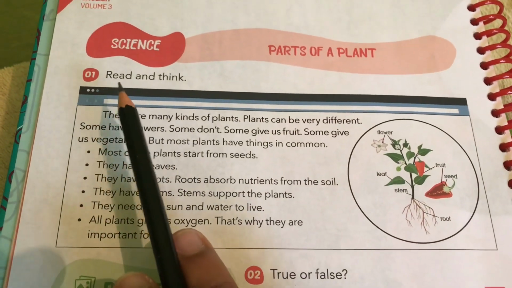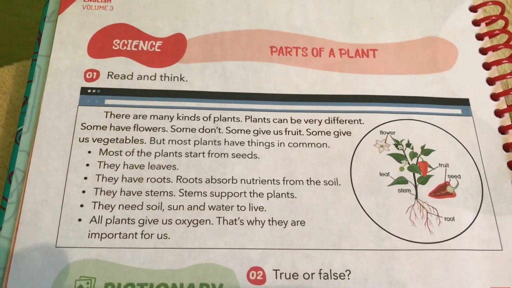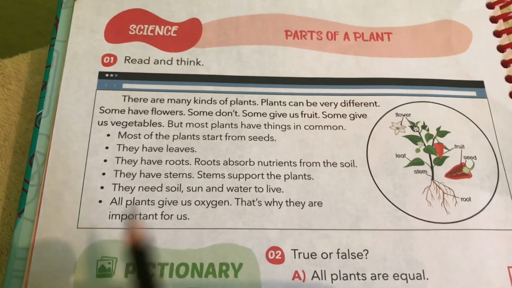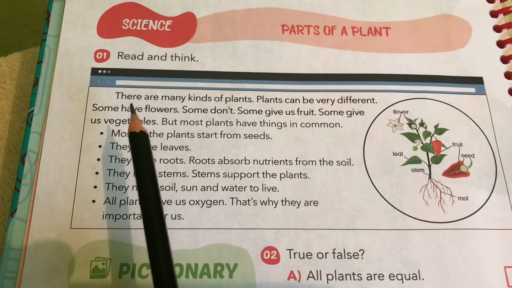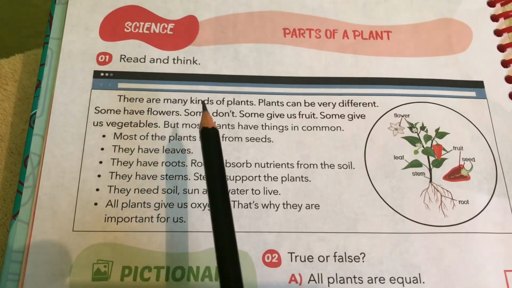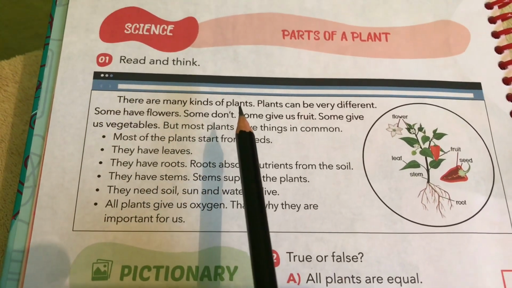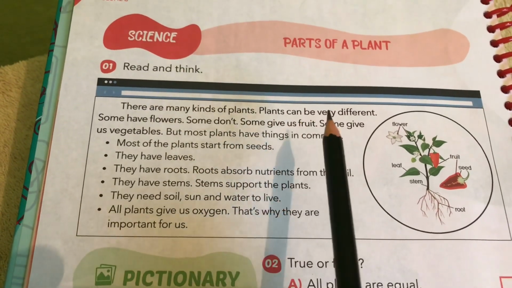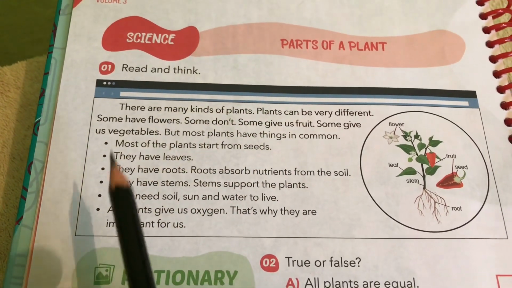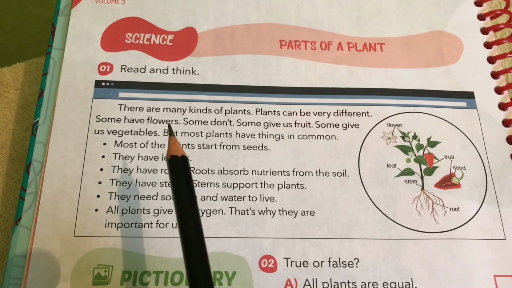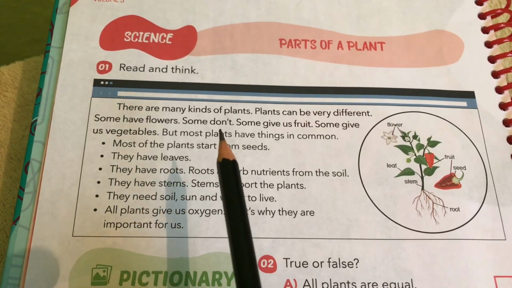Read, and think. So let's read. There are many kinds of plants. Plants can be very different. Some have flowers, some don't.